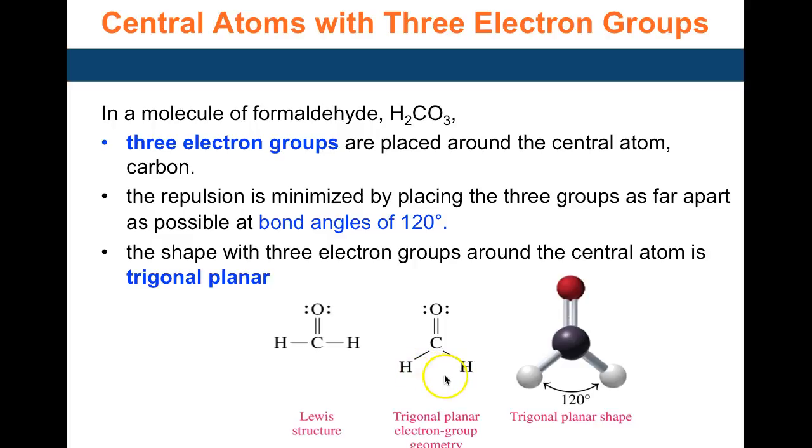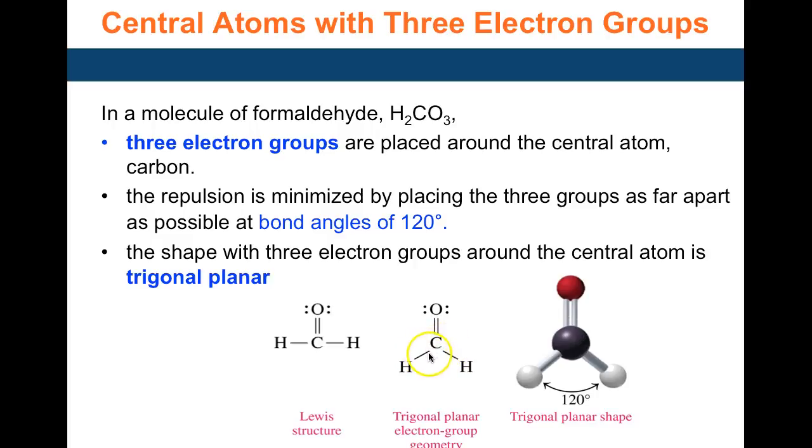All right, so in H2CO, you see the central carbon atom, and how many electron groups do you see around it? This is one electron group, this is another, and this is the third electron group. So 3 electron groups around the central atom. To minimize repulsion, the best possible shape is trigonal planar, like a triangle.